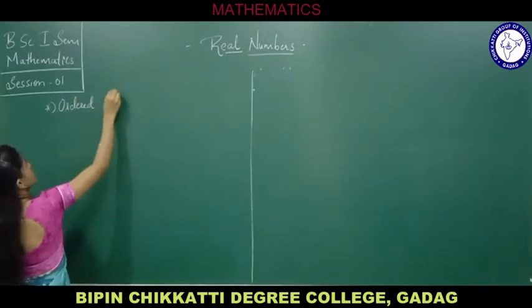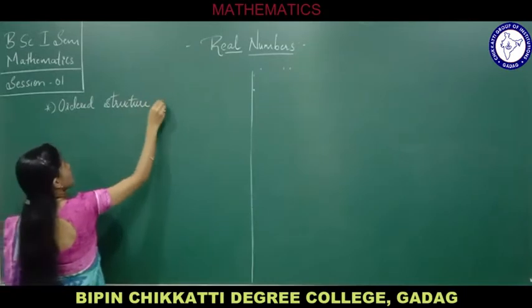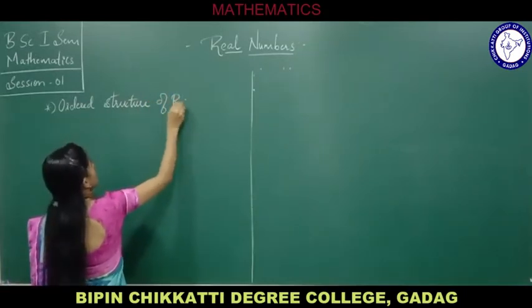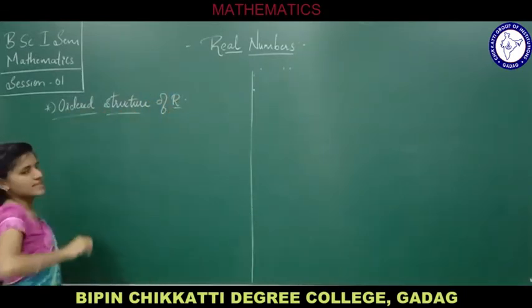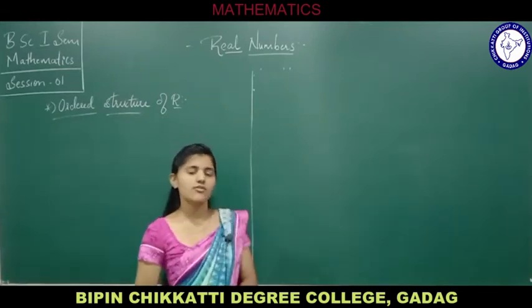Ordered structure of R. Before learning about the ordered structure of R, what have we studied?